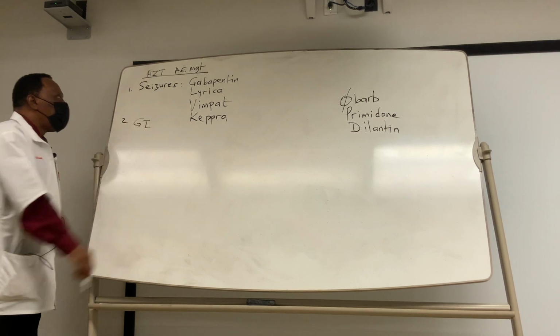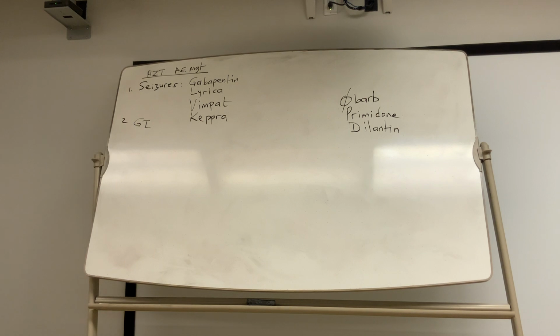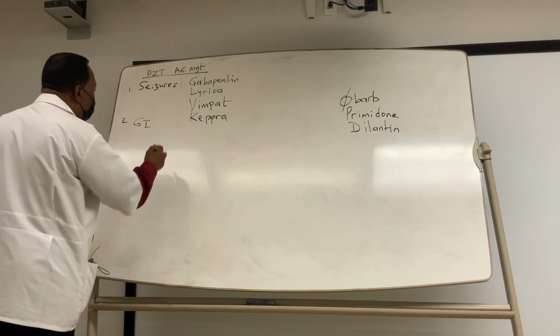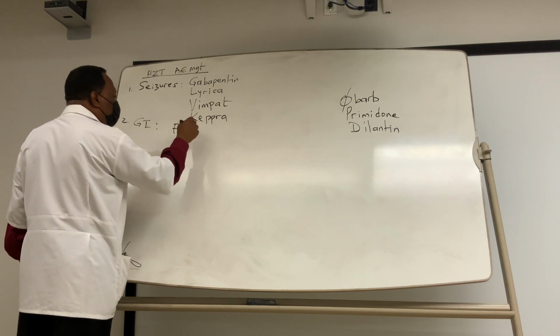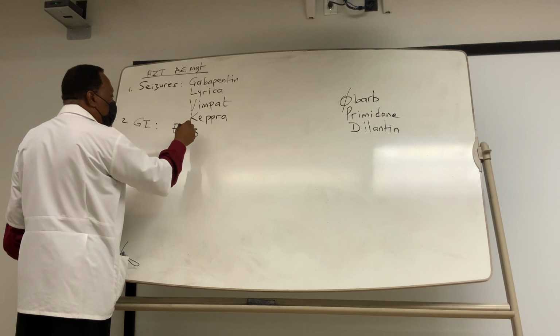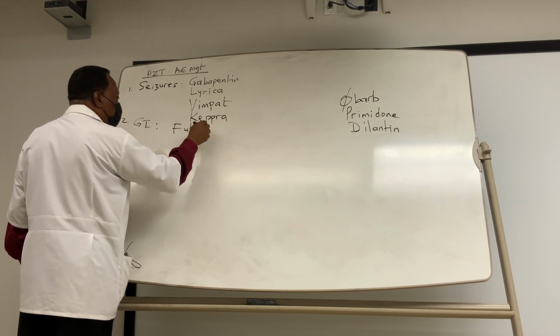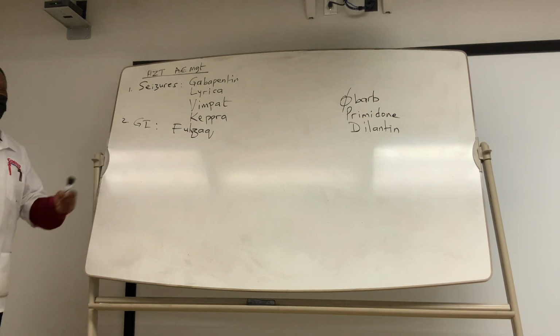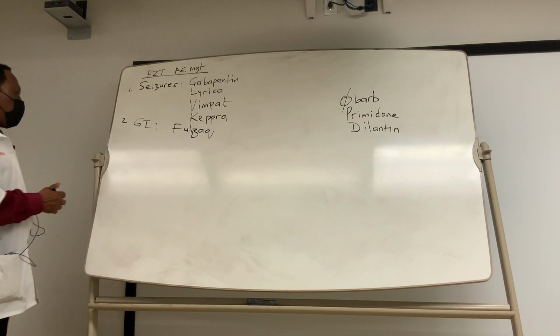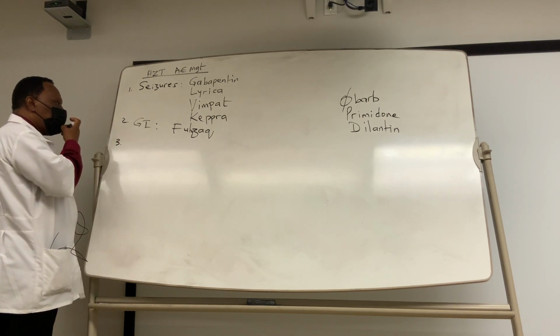For the GI adverse effects, when the GI adverse effect becomes very troublesome, there's a specific agent called Fuzeon, F-U-Z-E-O-N. It is specifically designed for managing AZT-induced GI adverse effects when that becomes troublesome.